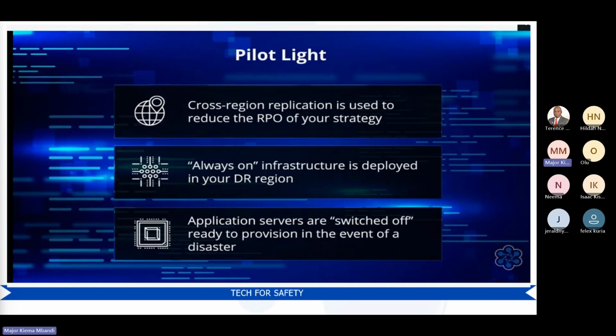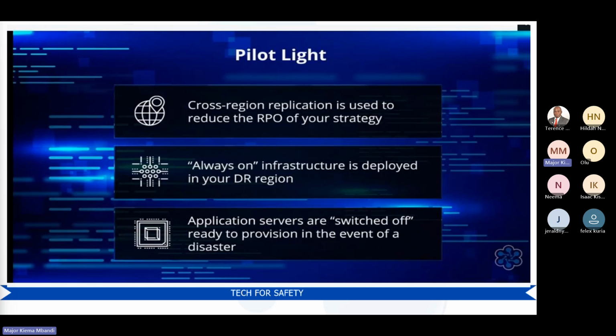So I think that's it about pilot light recovery. Let me mention some of the benefits: your primary DR region helps achieve low RPO. As we move from backup and restore up to pilot light, you can see the RPO keeps decreasing, but the cost associated with it increases. Core infrastructure like VPC, ALB, and Aurora replica are always active in the DR region, enabling quick recovery.